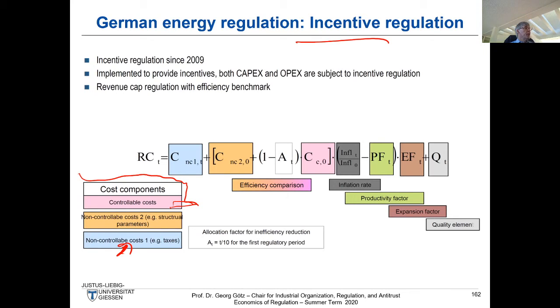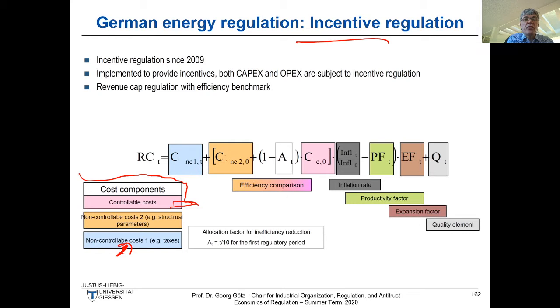The strange thing is, I think there was a huge discussion whether kindergarten is a controllable cost, where you have a Betriebskindergarten, that you run your own kindergarten, and I think it's non-controllable. And of course, you have many other controllable cost components, and there we have certain other instruments like the efficiency comparison here.